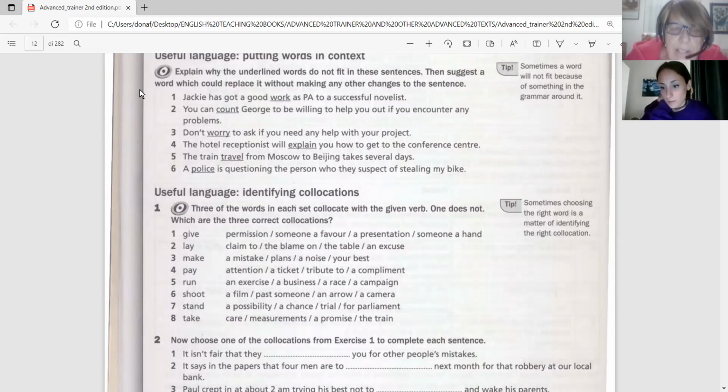Job is correct, but the reason why we cannot use work is because work is uncountable and cannot be preceded by a good work.